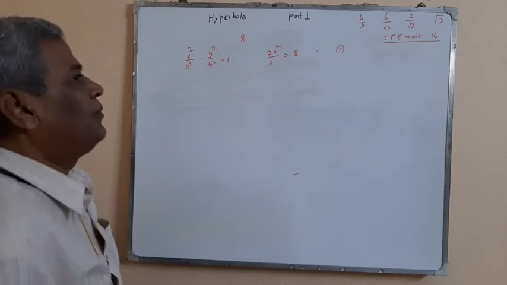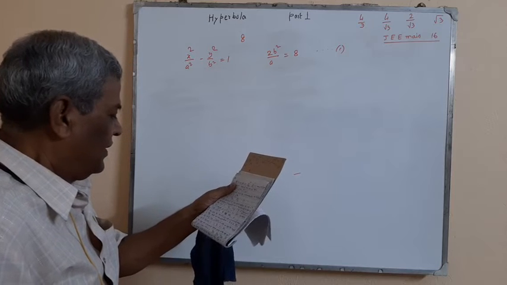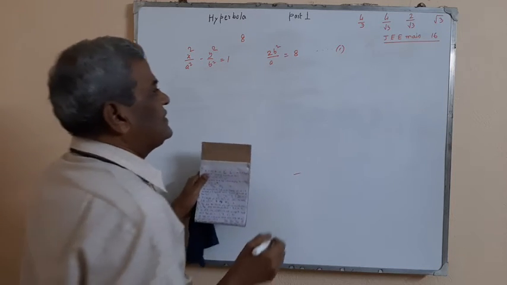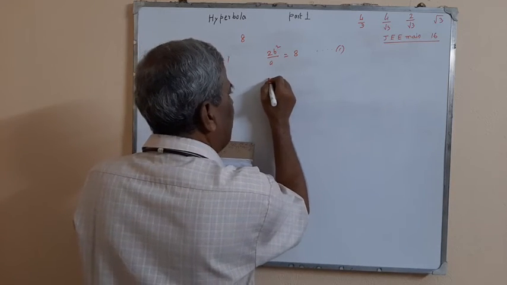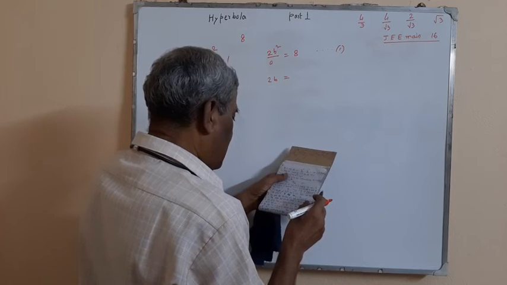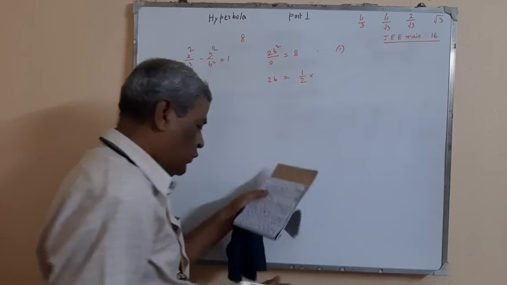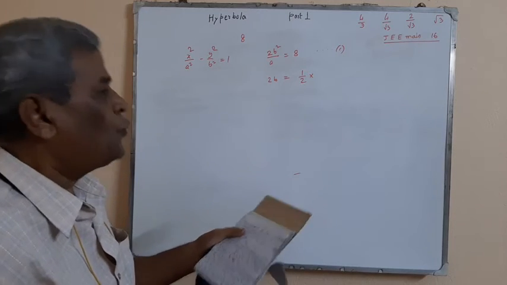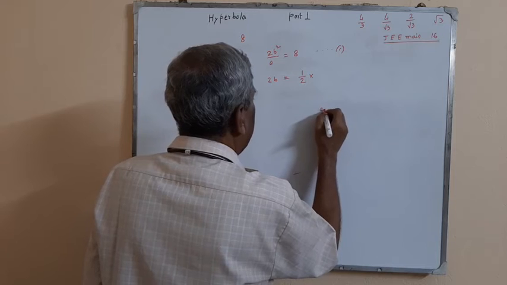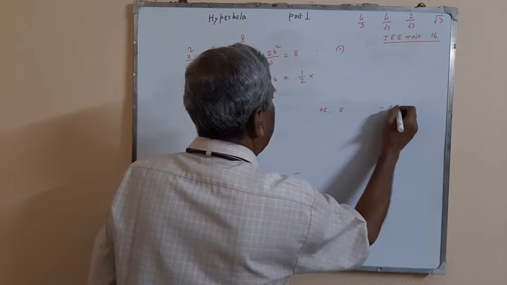And number 2, the length of its conjugate axis, which is 2b, is equal to half the distance between two foci. One focus is (ae, 0), the other focus is (minus ae, 0).